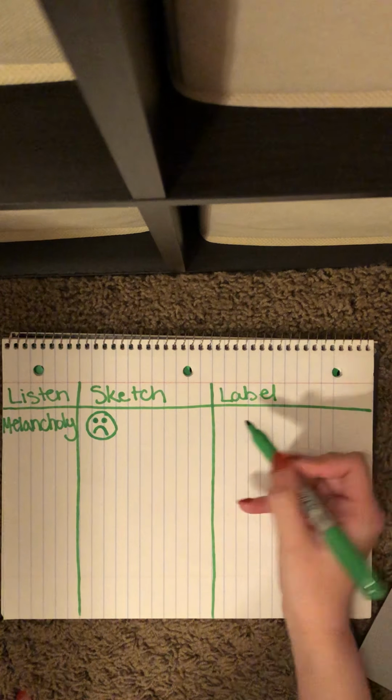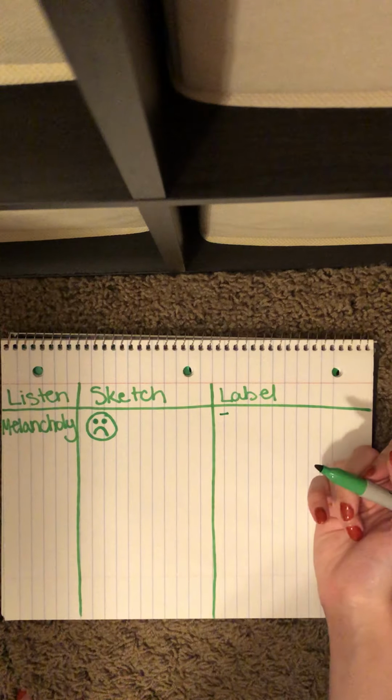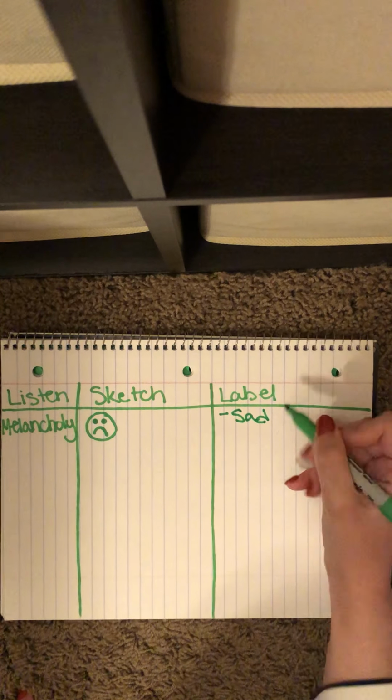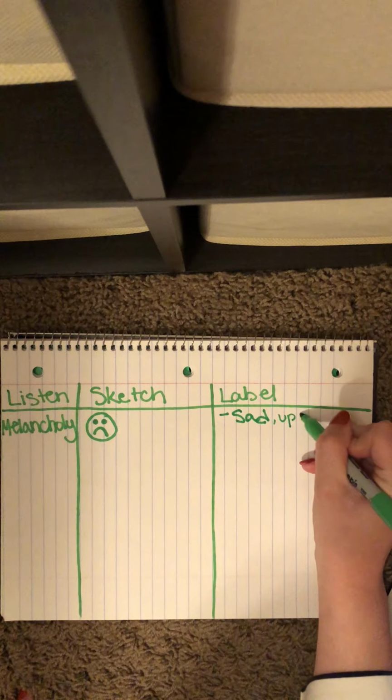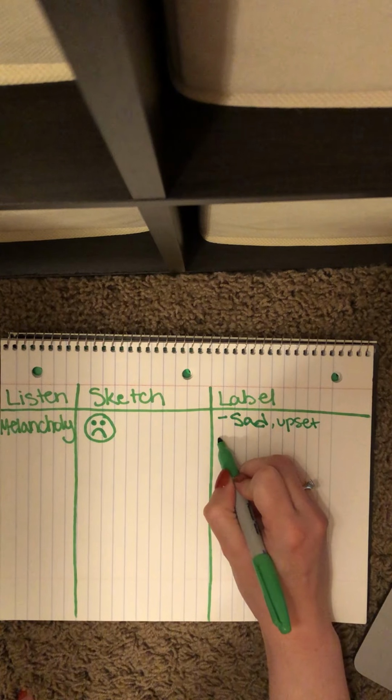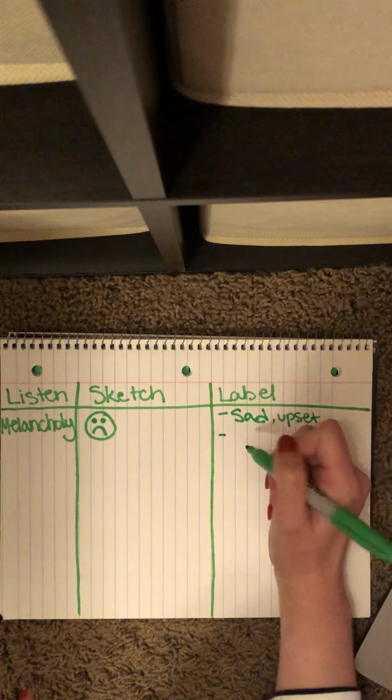So then over here in the label section, you would write whatever connections they made. So maybe they connected the word to someone being sad or upset. And then they could use it in a sentence. So say the girl's name was Susie.